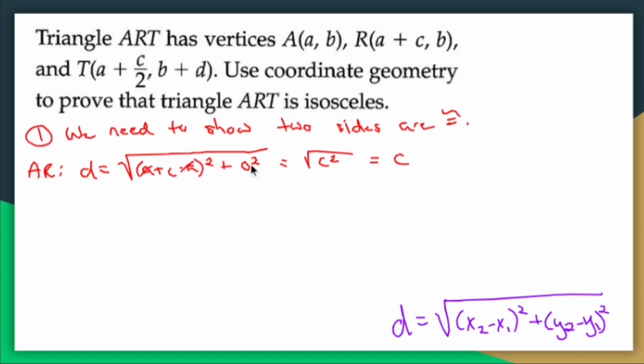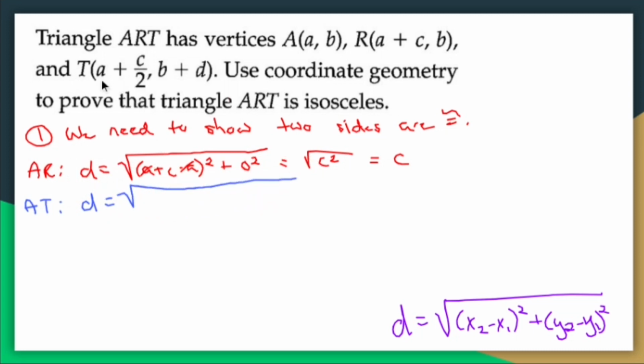Okay, let's try AT. I don't have a good feeling about it at all. AT is going to be d equals probably a bigger square root.